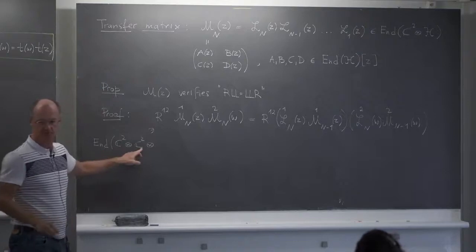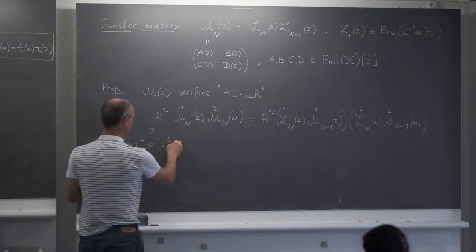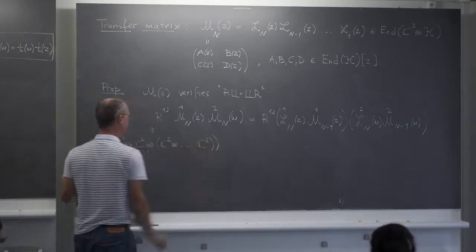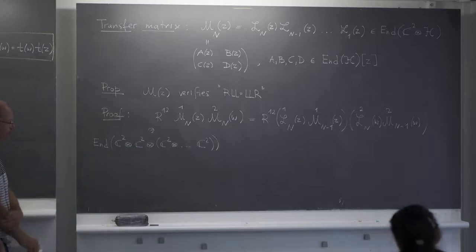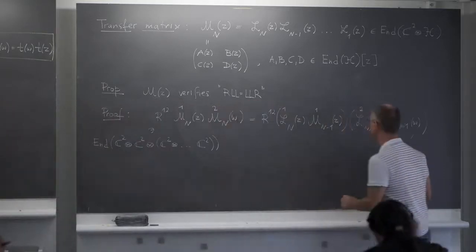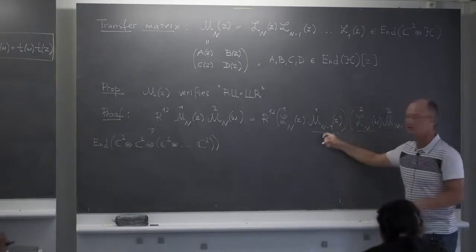So that's auxiliary, tensor H, and H is also a product of many, many C2s. Now, I would like to argue that actually these two operators commute.